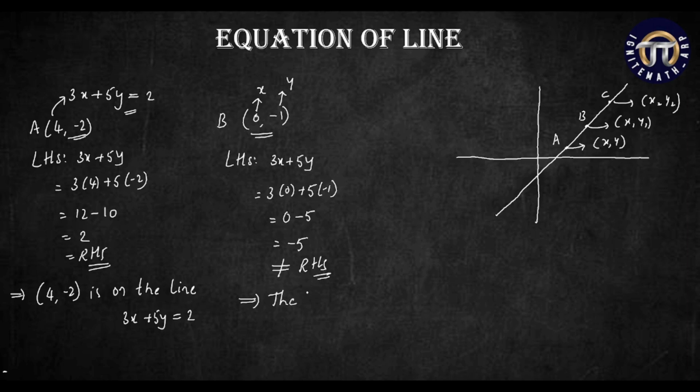The line 3x plus 5y is equal to 2 does not contain the point 0 comma minus 1. It is not passing through the point 0 comma minus 1. Clear, children? This is a very simple concept and the very first concept of the lesson.